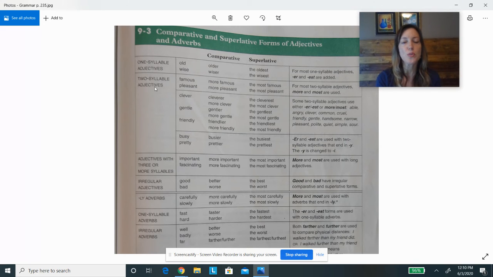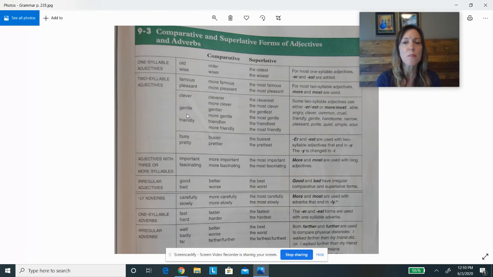When you get to a two-syllable adjective, such as famous or pleasant, you're not going to add ER necessarily. It depends on the adjective. I think generally use the word more with the two-syllable adjective because it occurs more frequently.